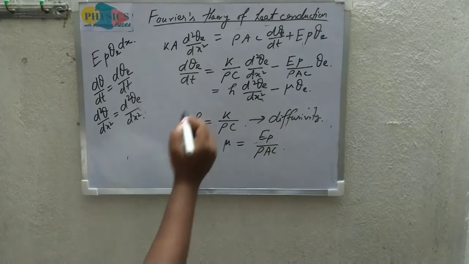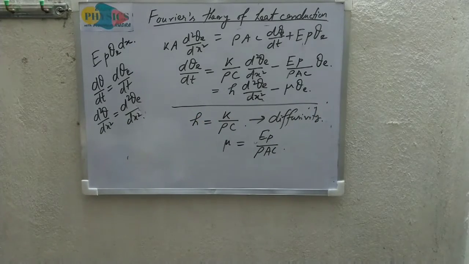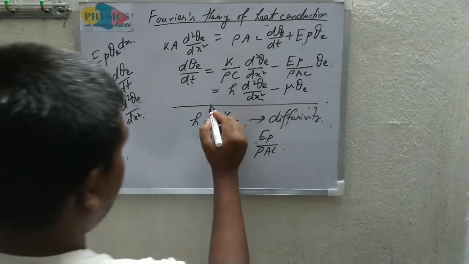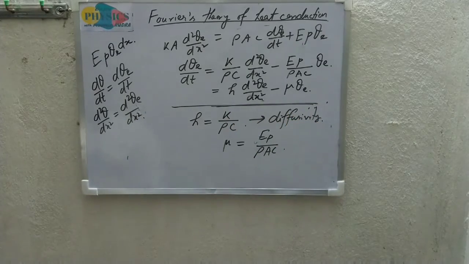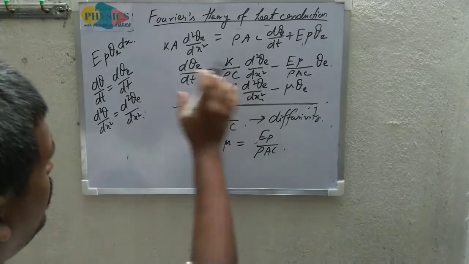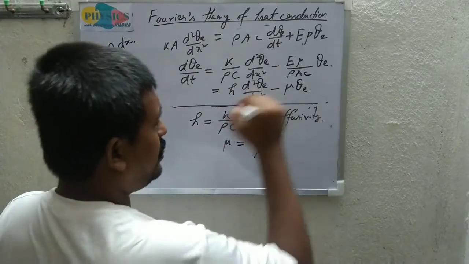So this equation is the standard Fourier equation for one-dimensional heat flow. Now we have to consider its solution.